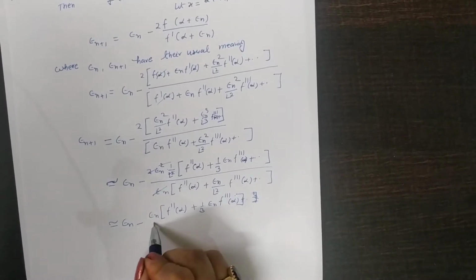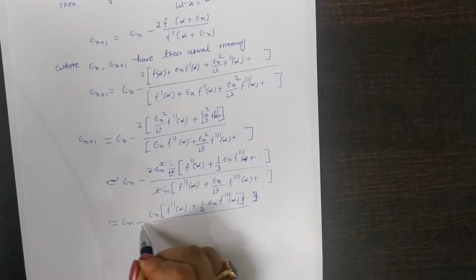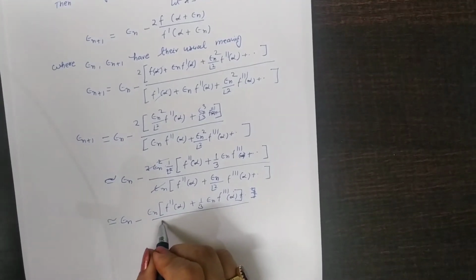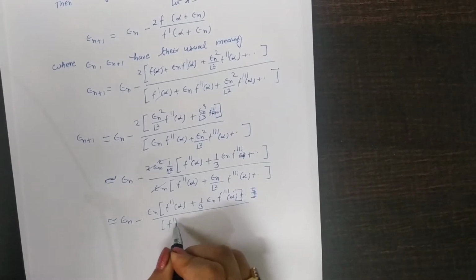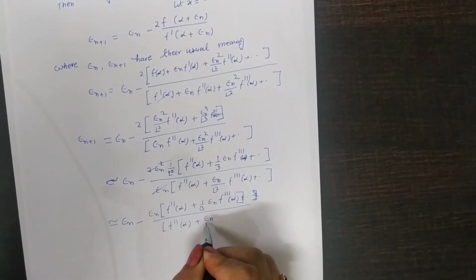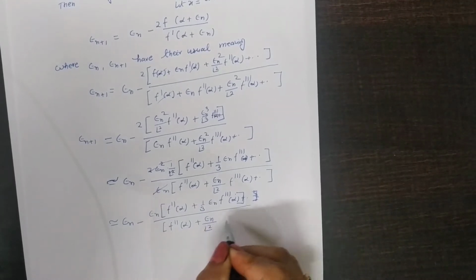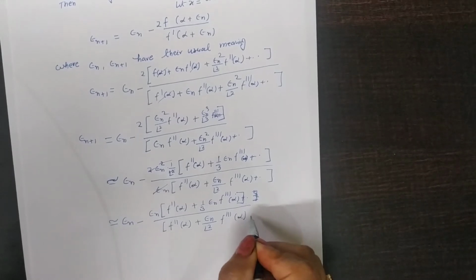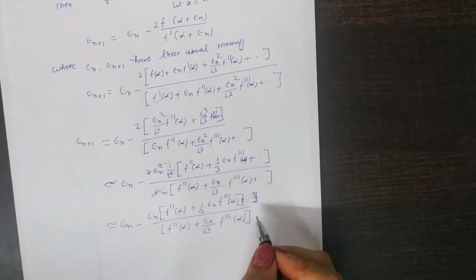Now, because you take the approximate sign, here is also f double dash alpha plus epsilon n by factorial 2 f triple dash alpha. We close the bracket.